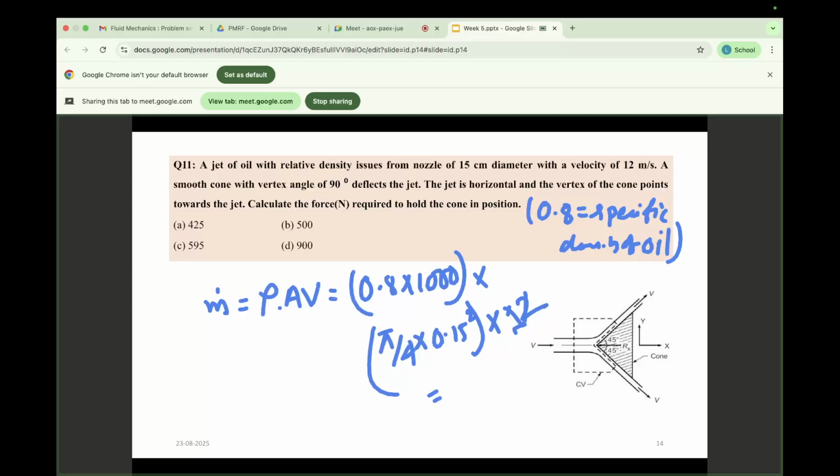Please tell what value is coming out. 800 into 3.14 into 0.15 square into 3.